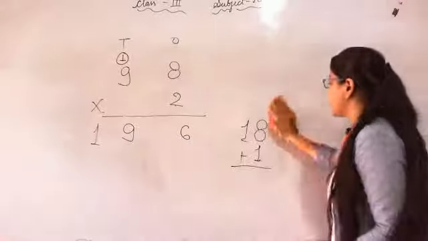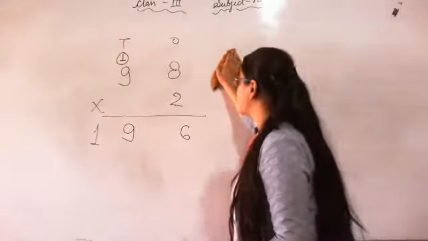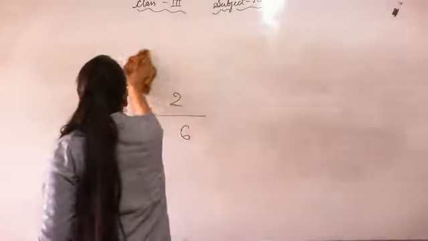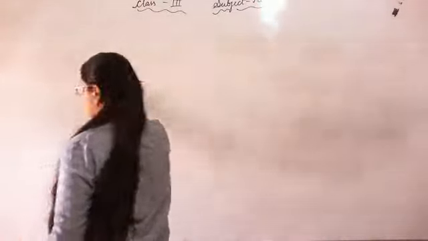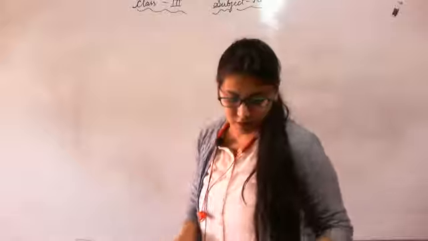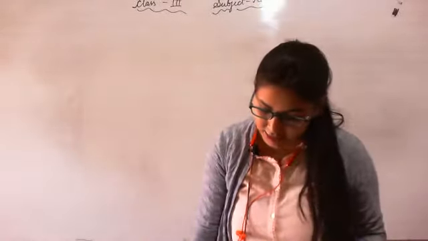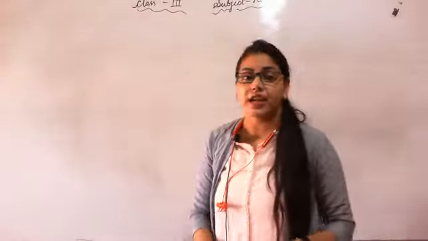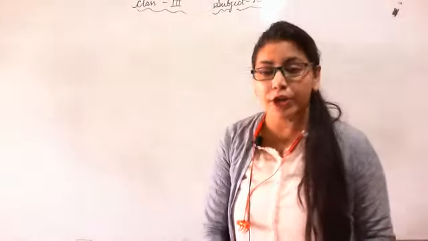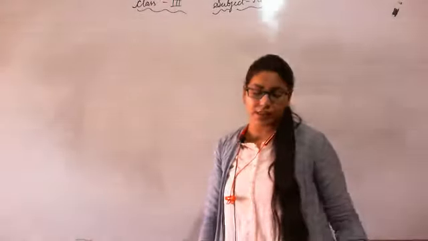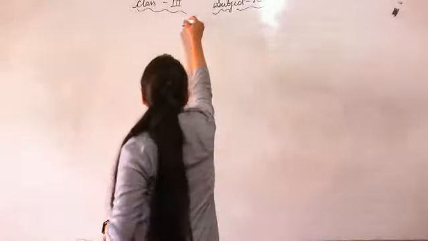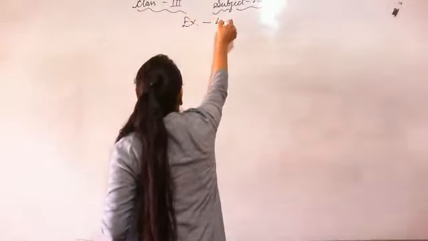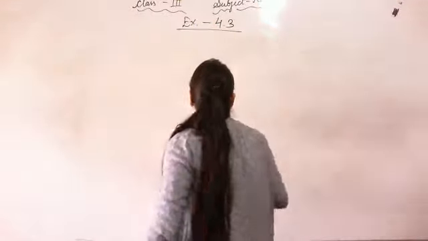Okay students, so now we know how to multiply two digits with one digit. So let's try some exercise questions. Let's start exercise 4.3 as we are done with exercise 4.2. Now moving further, today we will start exercise 4.3. So all of you write down the exercise number 4.3.